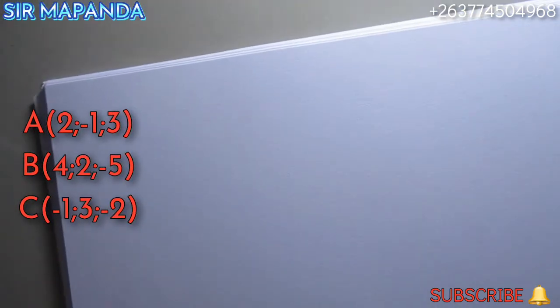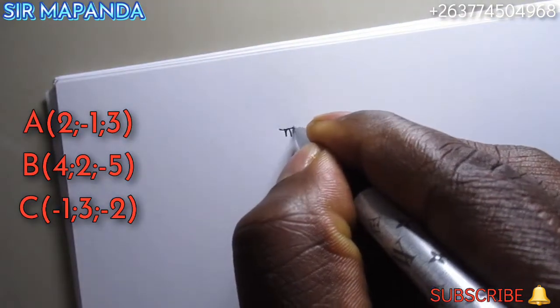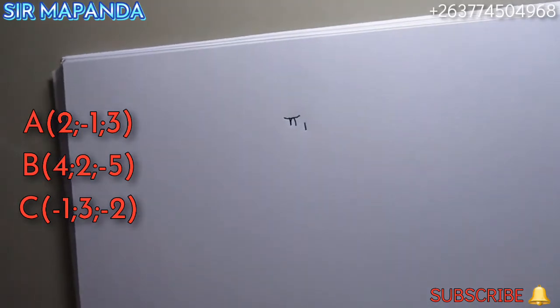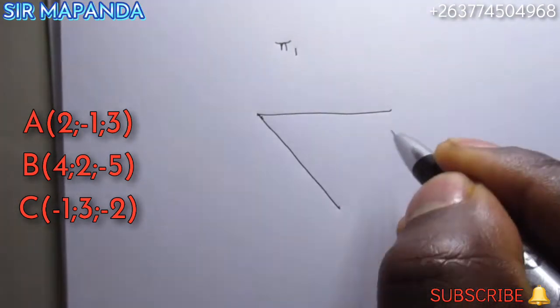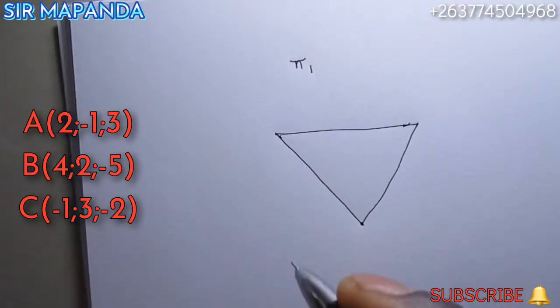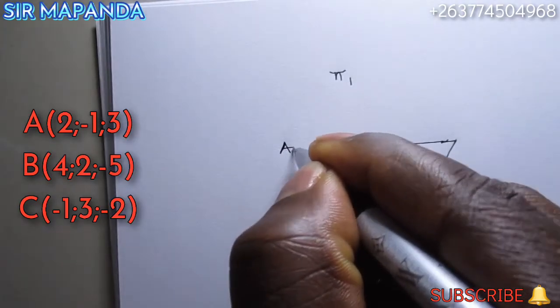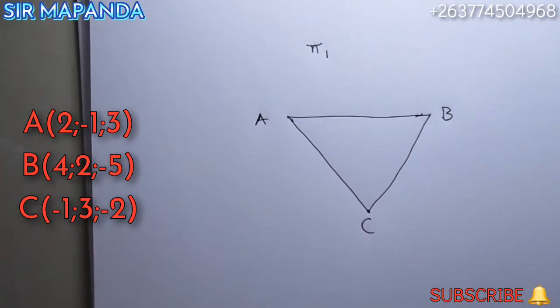So I want you to notice something. Pi 1 is representing a plane, and if I'm to sketch the plane, we have 3 points which are lying on the plane: point A, point B, and point C. So what is the Cartesian equation of a plane?